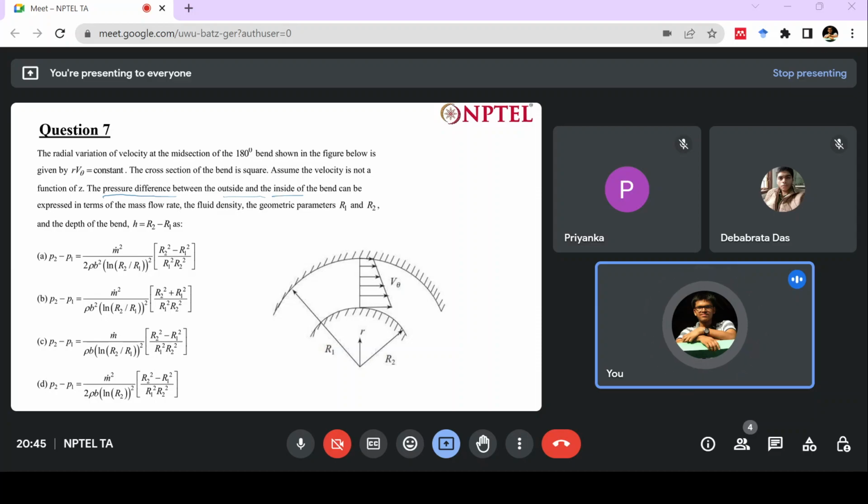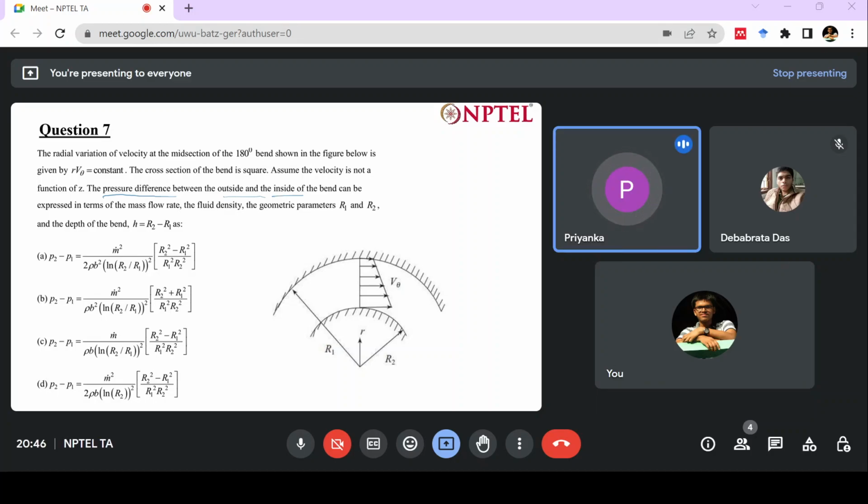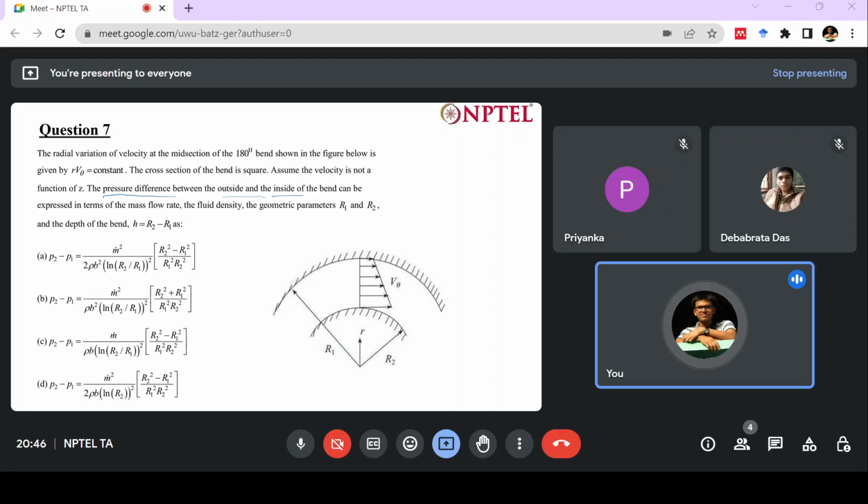Between which 2 points do we have to find the pressure difference? So between the inner radius and the outer radius. Yes, that's correct.